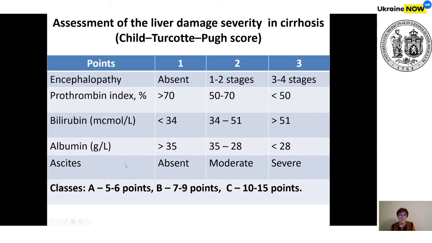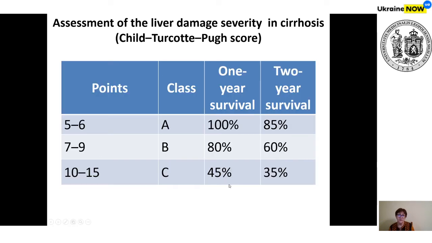And the patients are divided into three classes: A with number of points 5, 6, B 7 to 9 points, and class C with 10 to 15 points. Here you can see 1 and 2 years survival in classes A, B, and C.